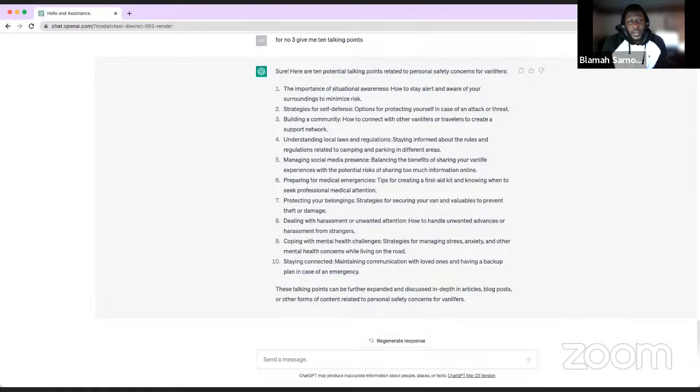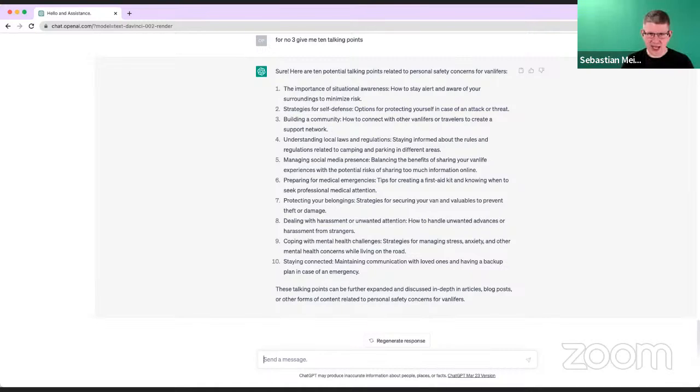And you can even tell it a specific format that you want it to be in. Depending on how you want to structure your article, you can tell it that up front, and it will take those talking points and put them in that format.